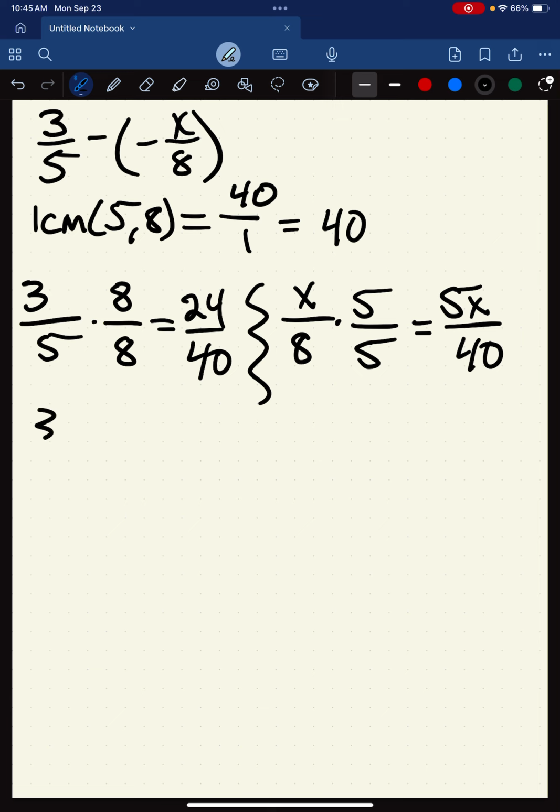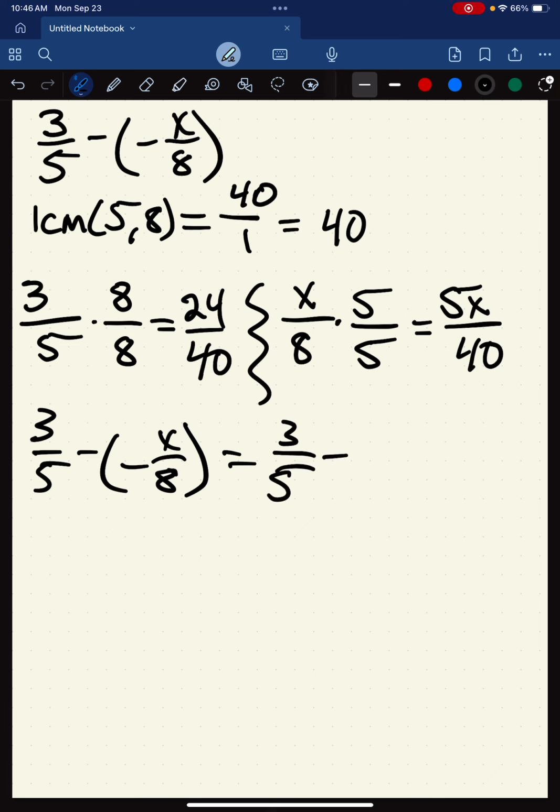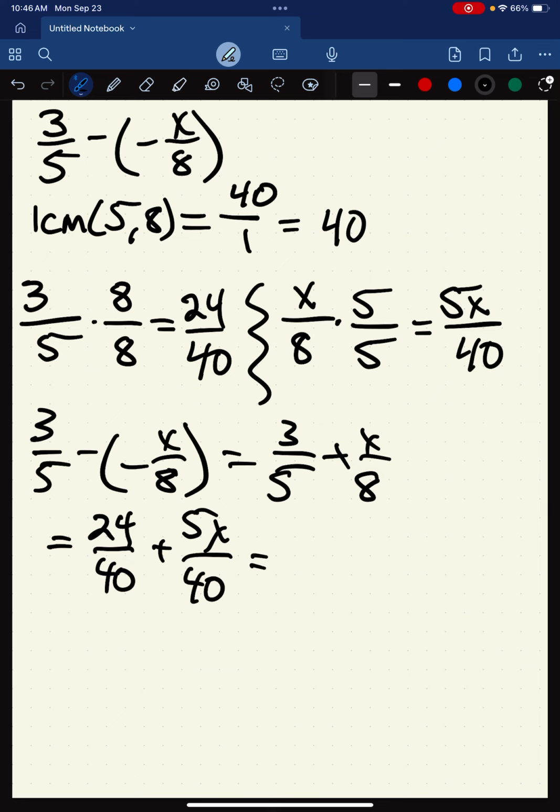So now we have 3/5 minus negative x over 8. Well, we can simplify that and say 3/5 minus a negative is the same thing as a plus x over 8, which is going to be 24 over 40 plus 5x over 40, which is going to be 5x plus 24, all over 40.